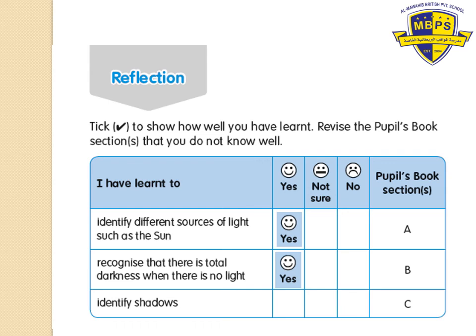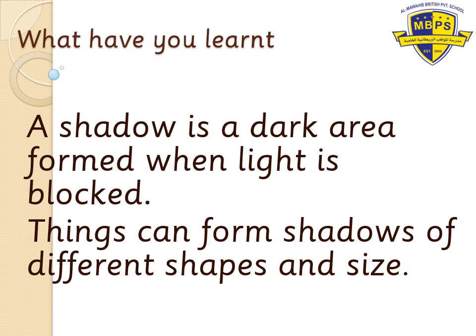Very good, grade 1. Now we will check the last things about shadows. Are you ready for that? What did we learn about shadows? The shadow is the dark area formed when a light is blocked. Very good.